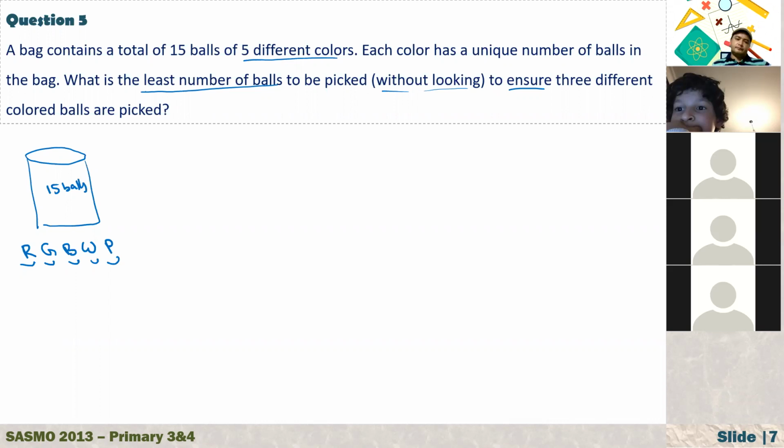What does unique mean? Like it says each color has its unique something? Each color has a unique number, means each color has a certain number. Like red is maybe 5, green is 2, maybe blue is 3. Okay, I understood. Thank you.